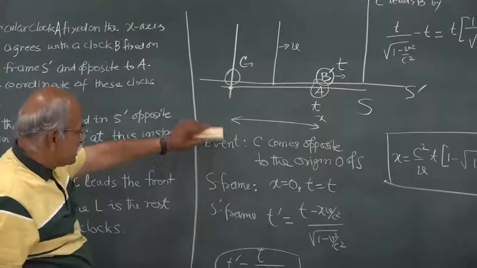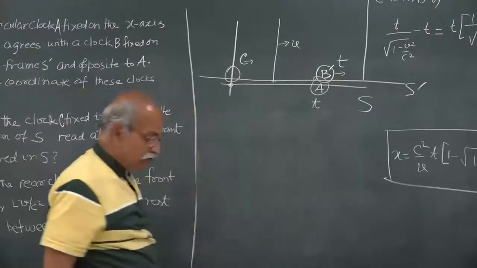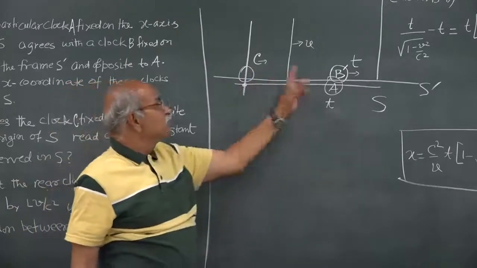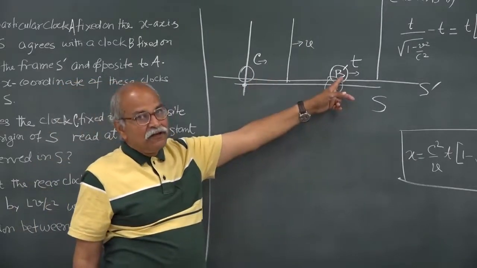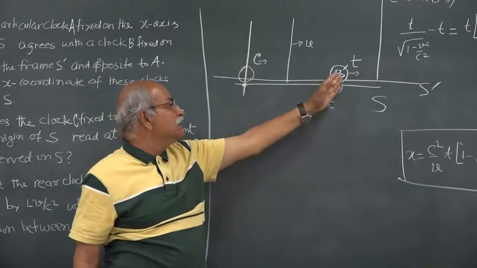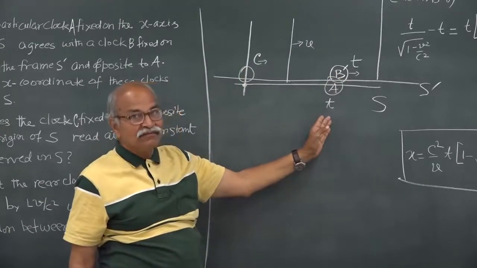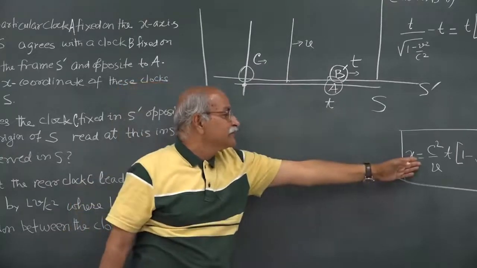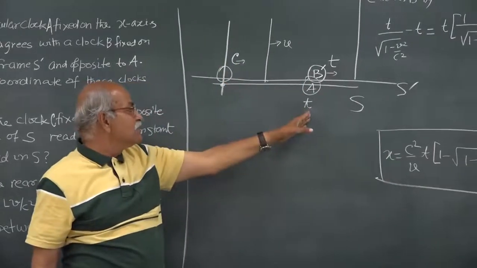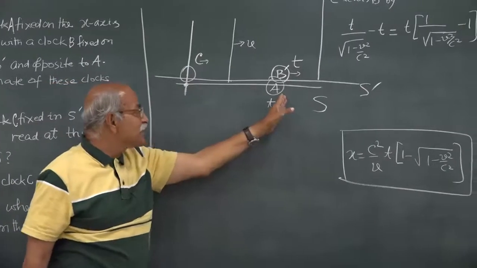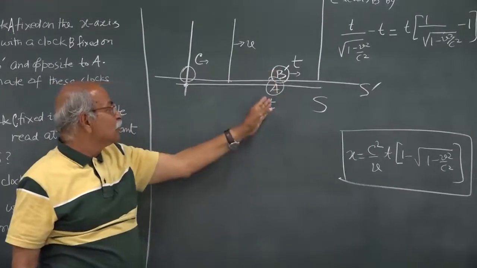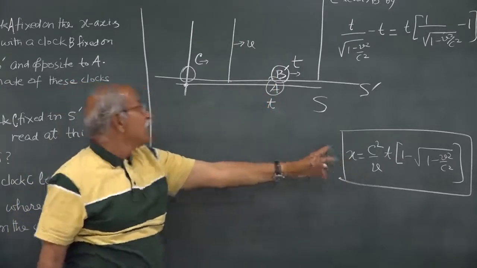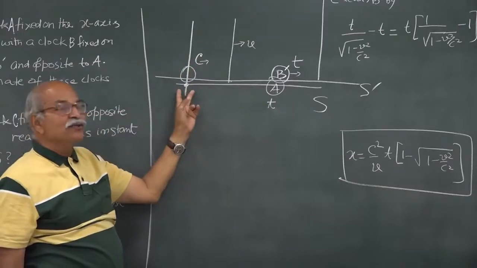I think I can do it here. L, the rest separation. How much is the rest separation? What is the separation between C and B as seen from S? That separation is just this x, because at time t, at position x, this clock agrees with this. So, this B clock is at this coordinate and this C clock is at the origin.